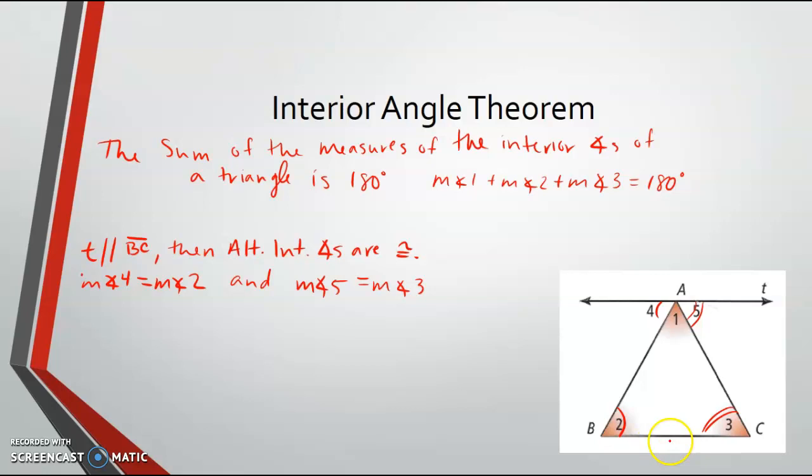And knowing what we know about straight angles and the fact that they are 180 degrees, then I know that the measure of angle 4 plus the measure of angle 1 plus the measure of angle 5 is going to equal 180 degrees.